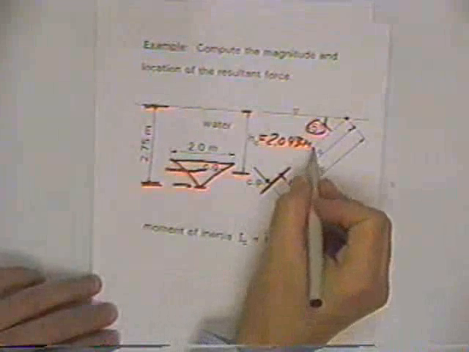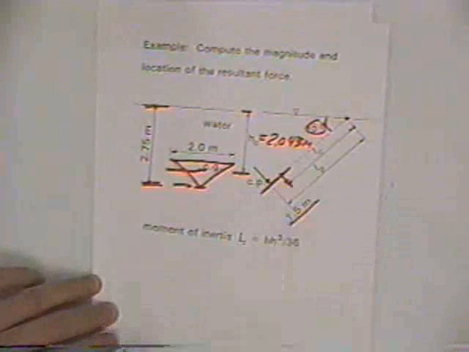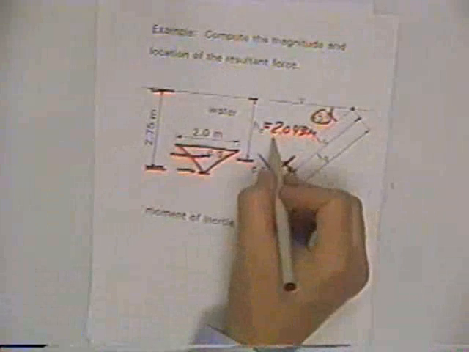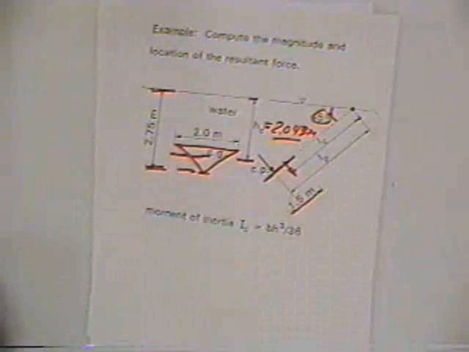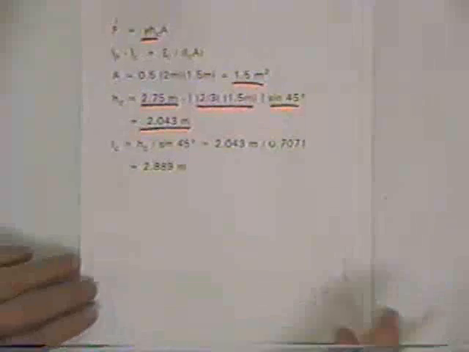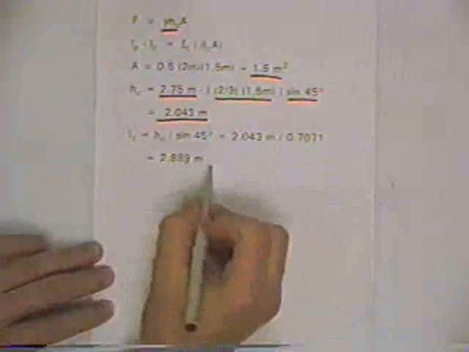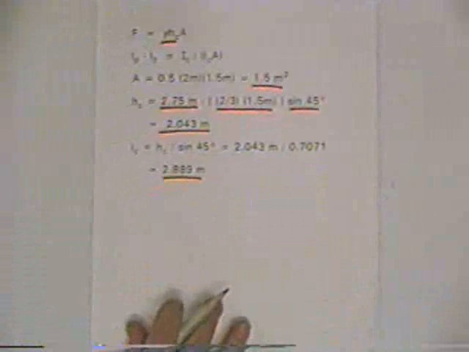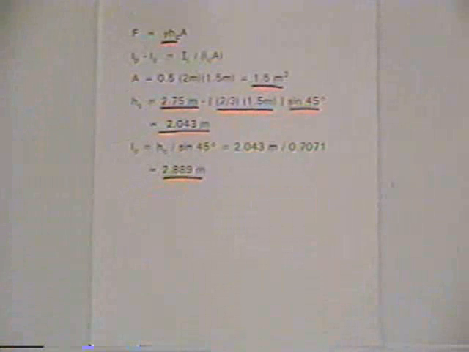Now the L sub c, if you measure along the incline, is just this number divided by the sine of 45 degrees. So you take the h sub c divided by the sine of 45 degrees, you get 2.889 meters measured along the incline.